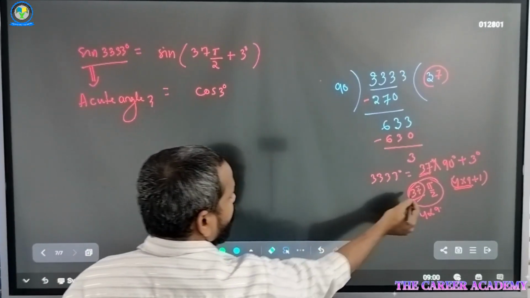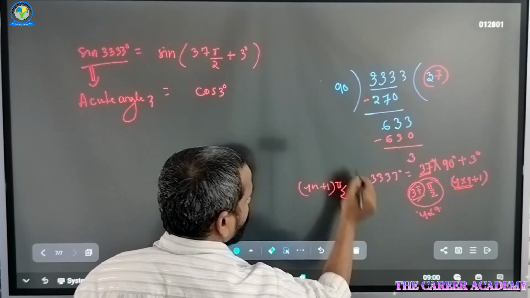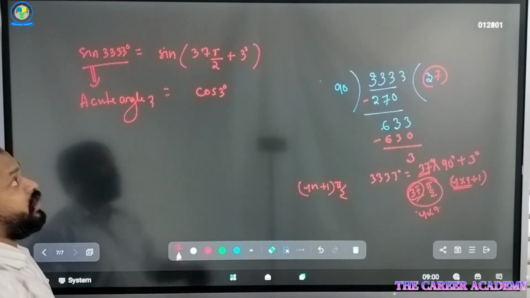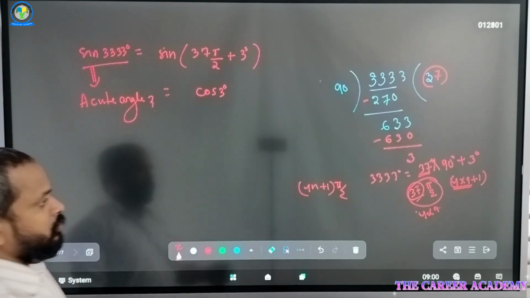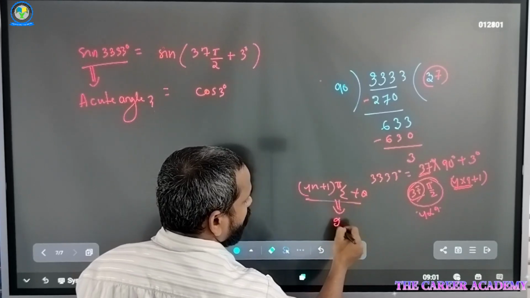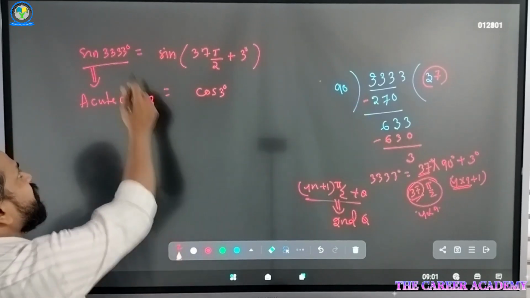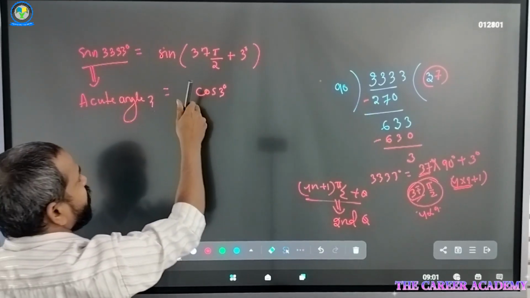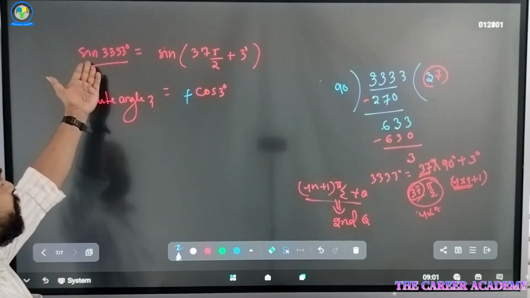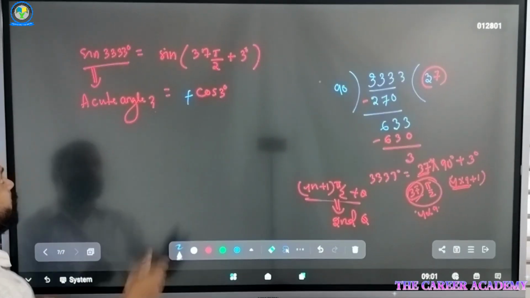It is 4n plus 1 pi by 2 form, plus theta, which means it belongs to the second quadrant. And in the second quadrant, the sin value is positive. Clear, students? This is how you convert a big angle into an acute angle. Now you study the second example.